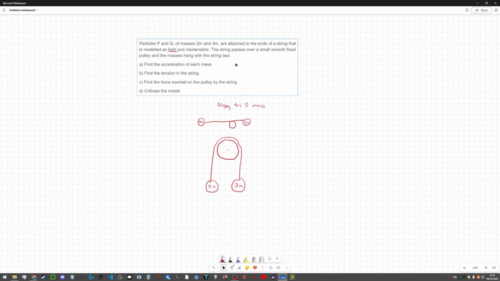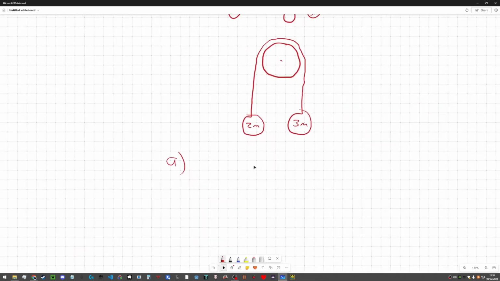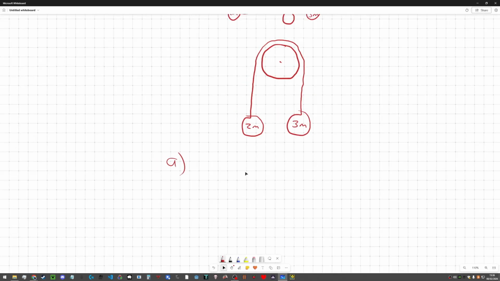Okay, question A is to find the acceleration of each mass. So there are two main methods, one of which is more reliable than the other, so I'll start with that. You know that the tension in a string is pulling them together. The tension is going to be that way.